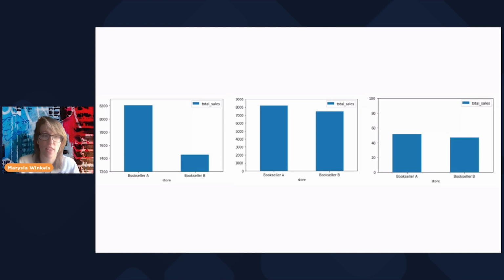For instance, these are, again, 3 graphs based on the exact same data set about booksellers. But because the limit in the first graph is different, it seems like there's a huge difference in sales between bookseller 1 and bookseller 2. Whereas in the second graph, where we change those limits and ranges, it seems a lot closer.